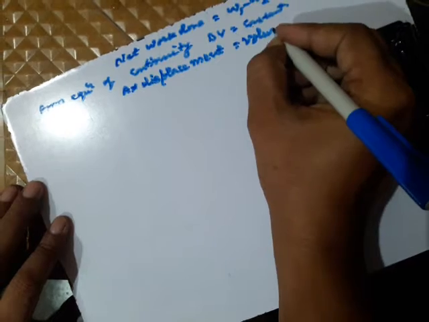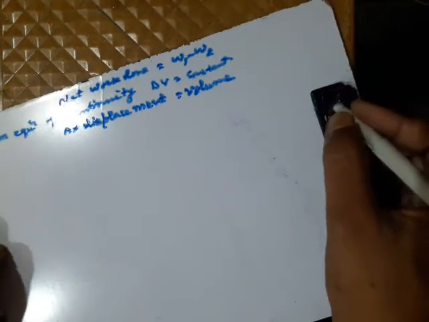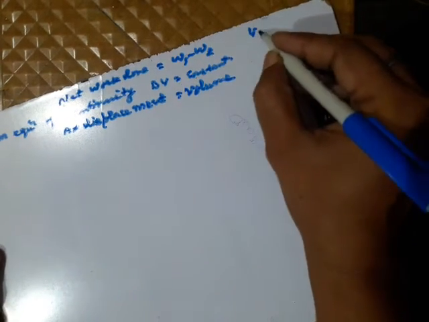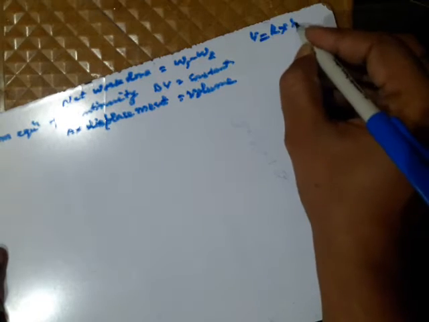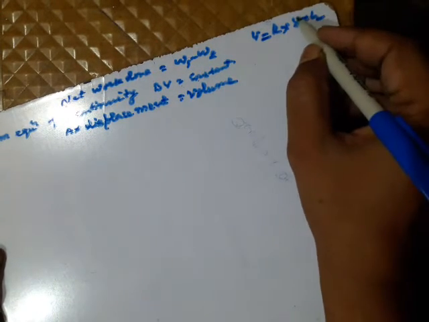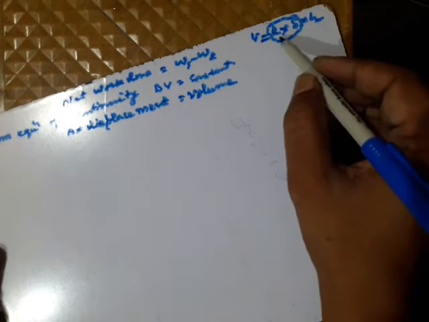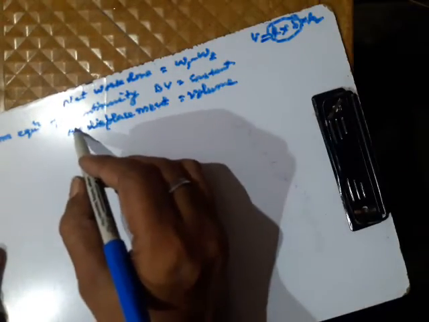As you know, volume is length into breadth into height, as in the case of a rectangle. Here we are taking displacement, which is also a length.